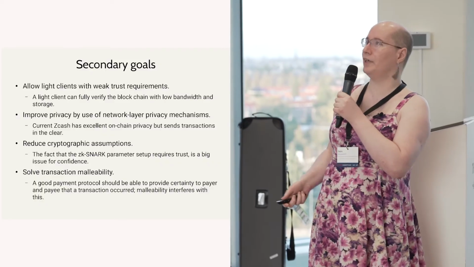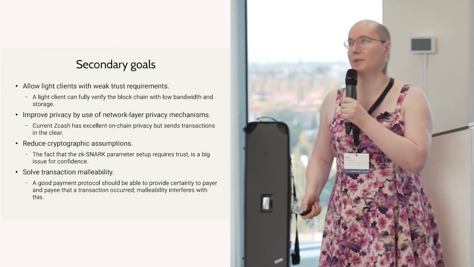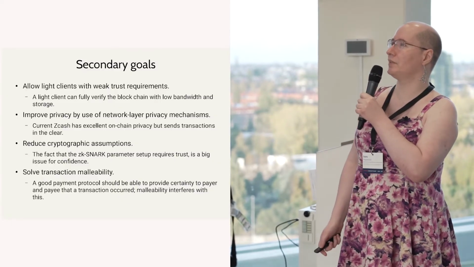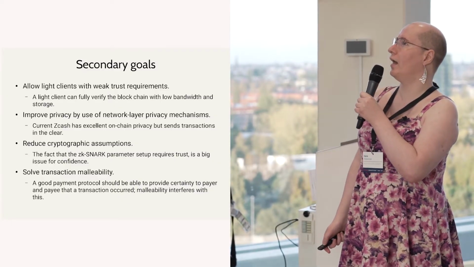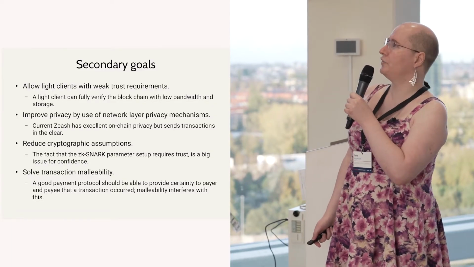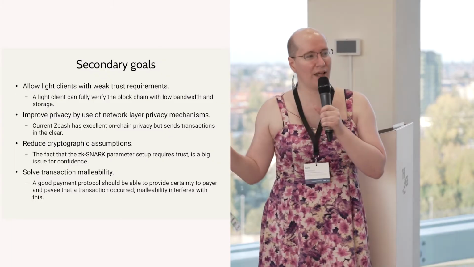And we have some secondary goals. We don't just want to support scaling. We want to minimize the trust requirements on clients with low bandwidth and storage. We want to improve network layer privacy.